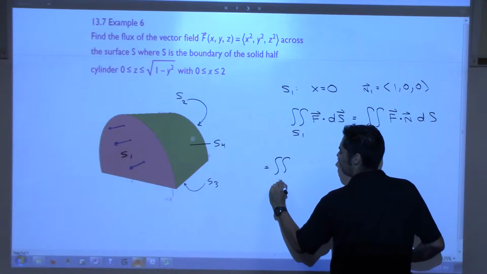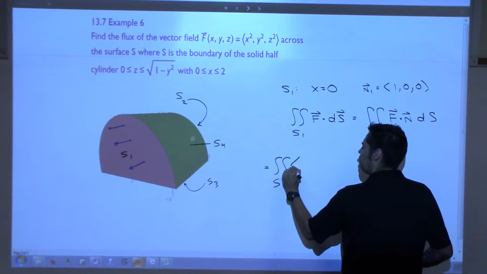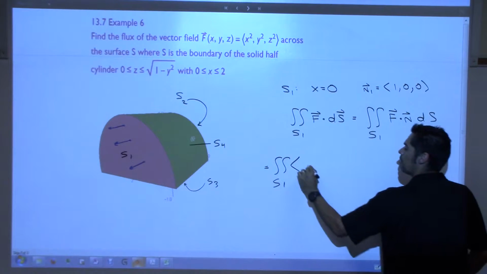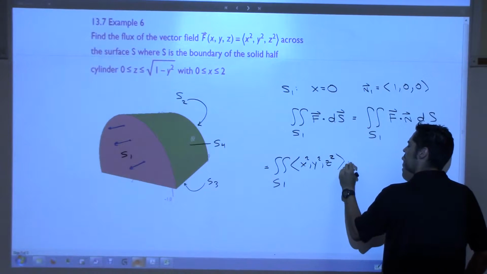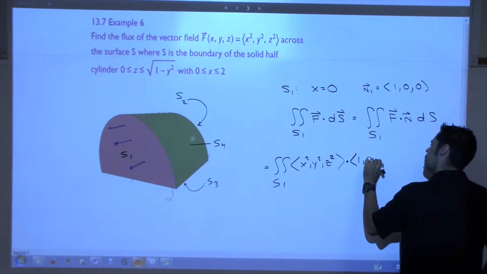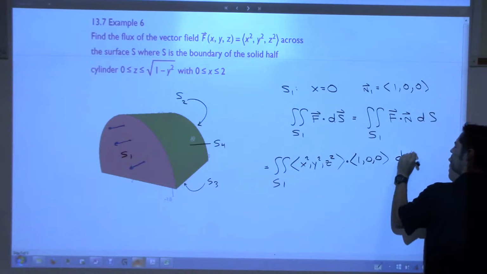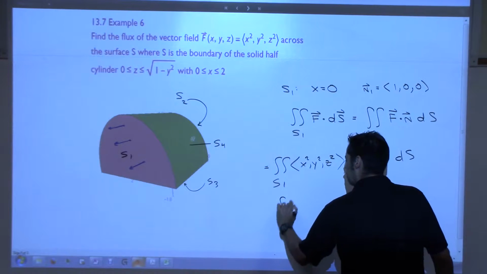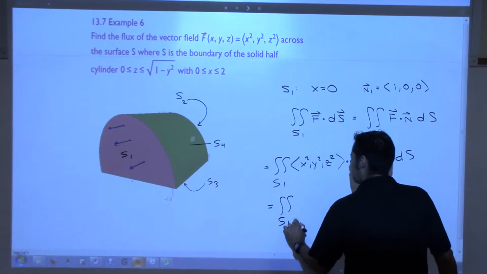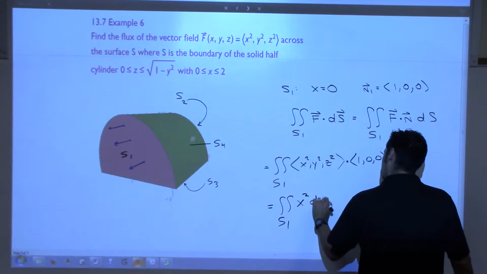This is double integral over S1 of, what's my vector field here? X squared, y squared, z squared, dot that with 1, 0, 0 ds. And what does that become when you dot it? X squared. So we still have this surface integral, x squared ds.